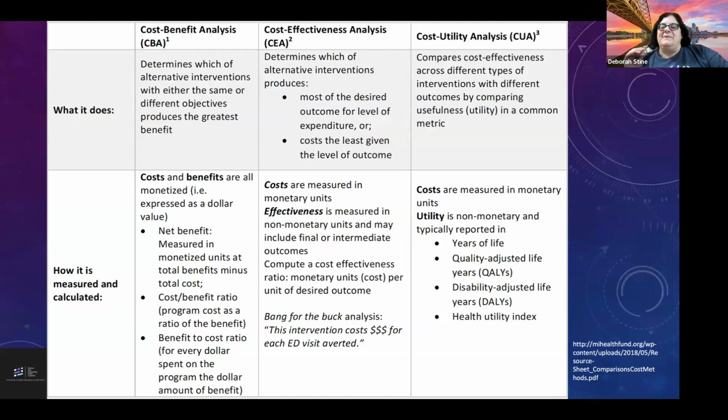So it's primarily used in the health arena, and it's used because it's very hard to put a dollar value on that. So when it comes to humans and human lives, oftentimes people will prefer cost-effectiveness analysis over cost-benefit analysis.